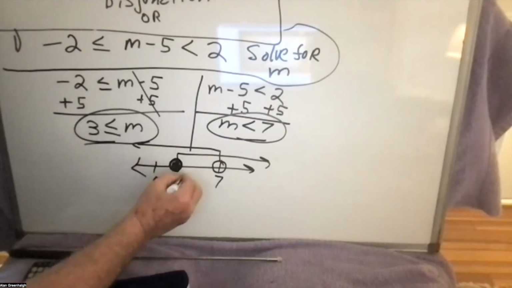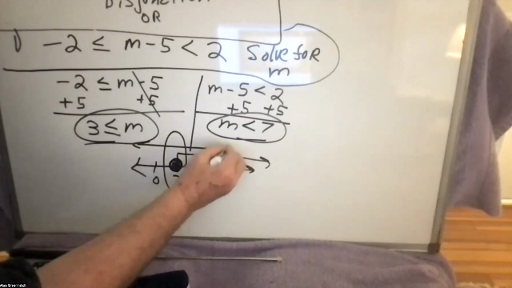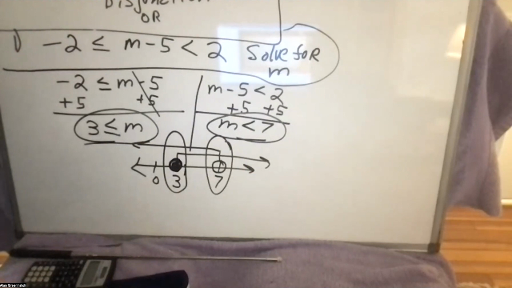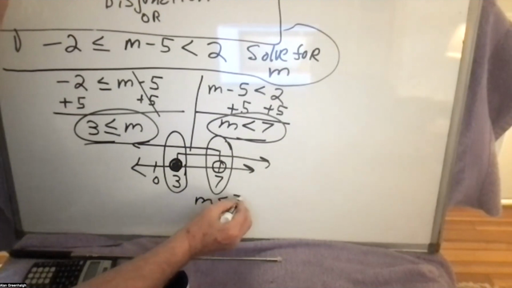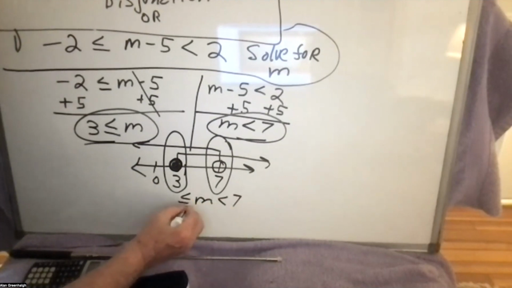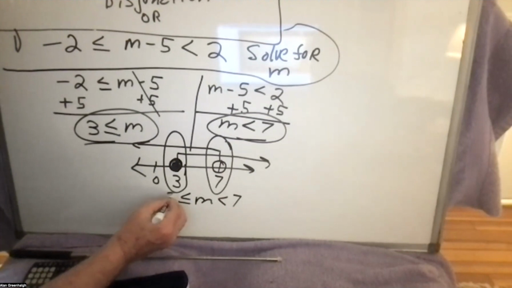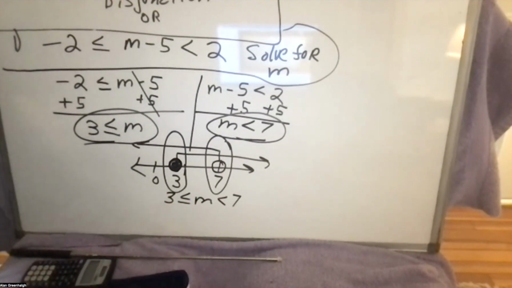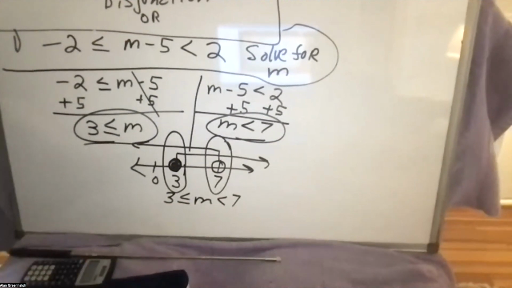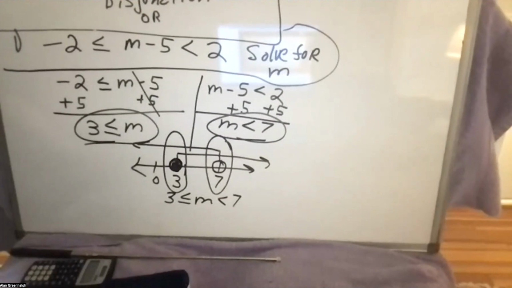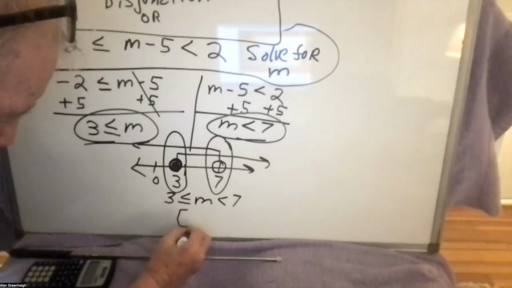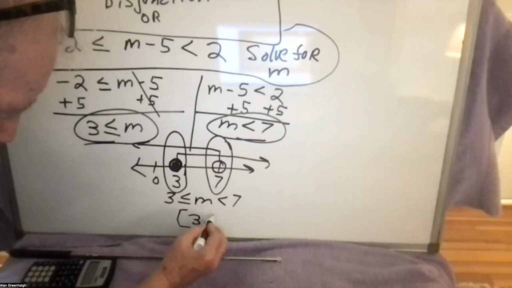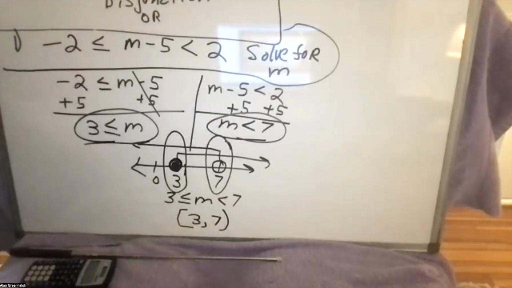The solution is right in here between these two numbers. In other words, m is less than 7 and greater than or equal to 3. That's the solution. And in interval notation, this is what it would look like.